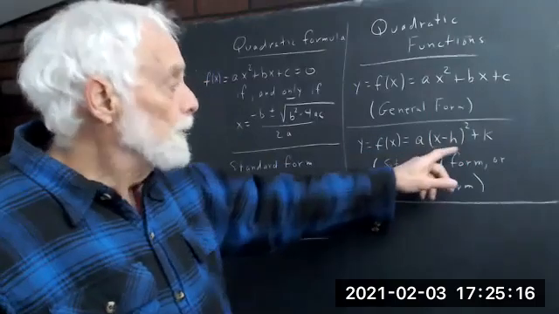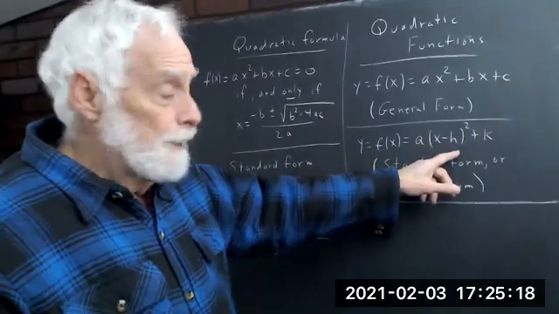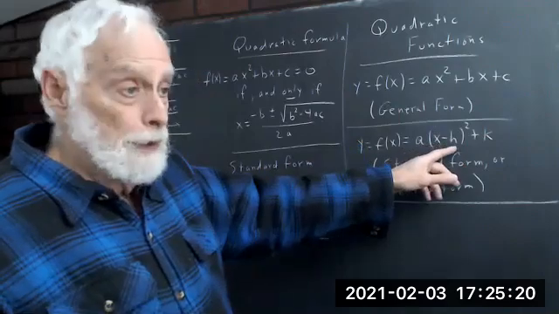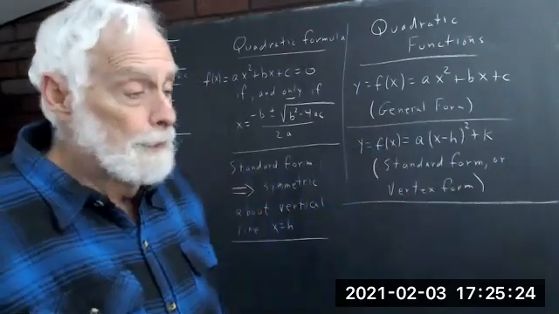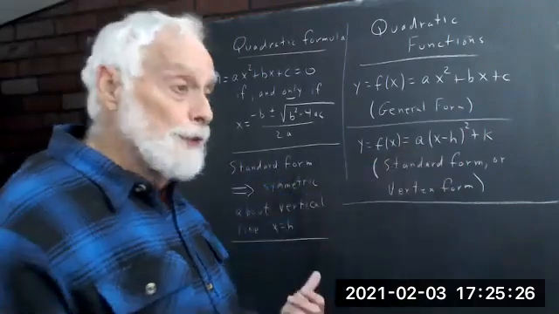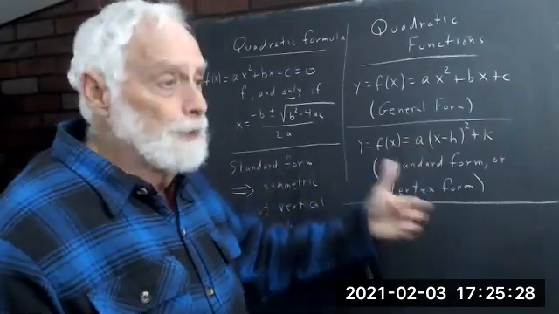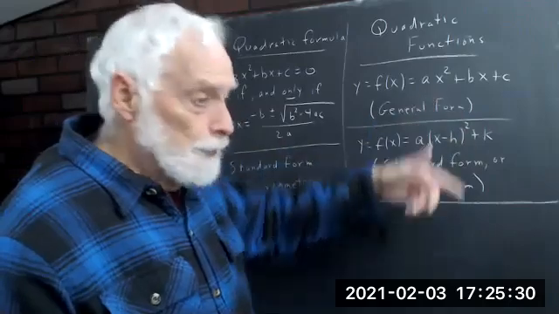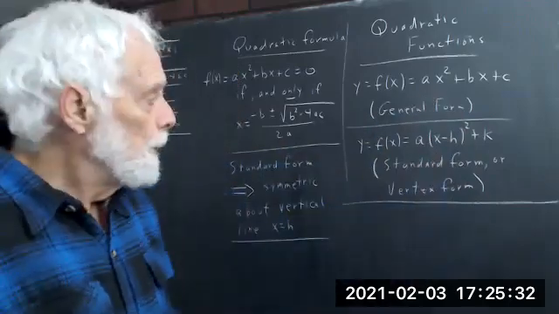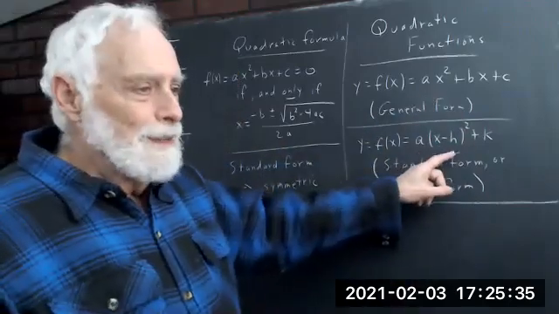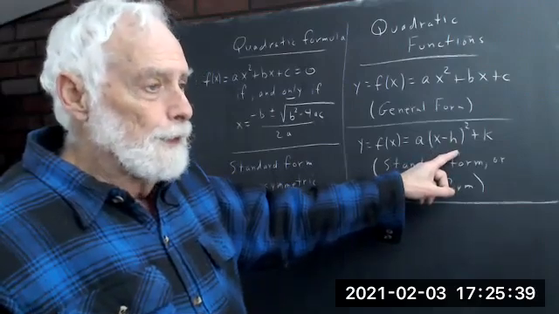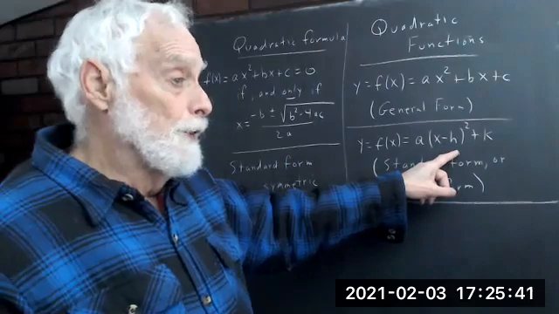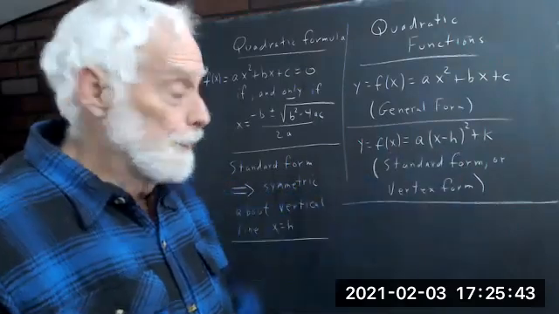If x is on one side of h, let's say x is 5 greater than h, then x minus h squared is 25. But if x is 5 less than h, then x minus h is negative 5, but negative 5 squared is still 25. So whichever side of h x is on, there's an x on the other side of h that gives you the same value, and that makes it symmetric.